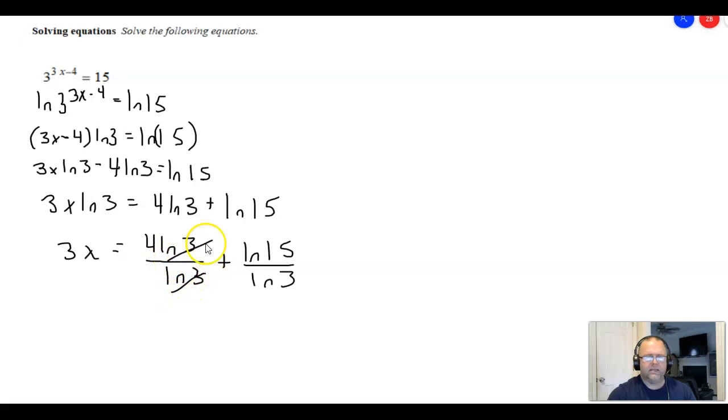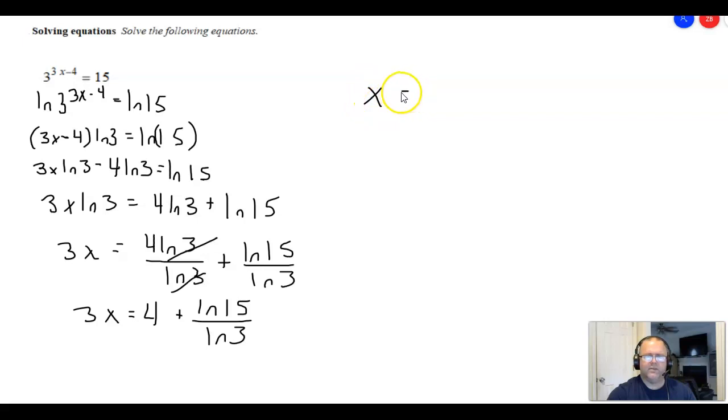And that is going to cancel out with that. So I'm going to have 3x is equal to 4 plus the natural log of 15 all over the natural log of 3. And then finally, I am going to multiply each term by 1/3 to get that x by itself, or divide by 3, which is the same thing.